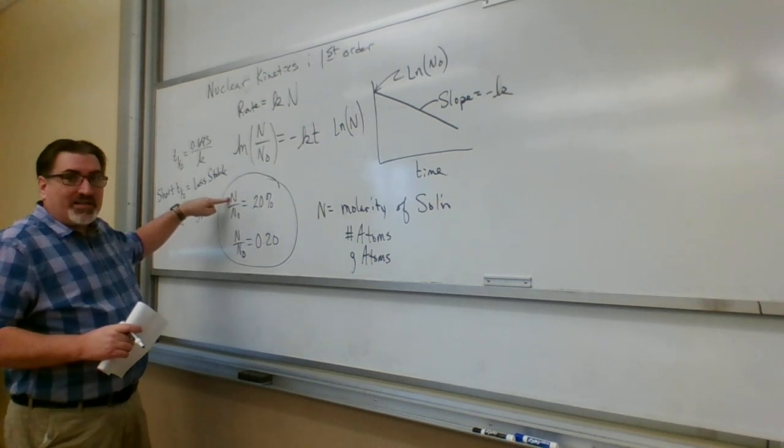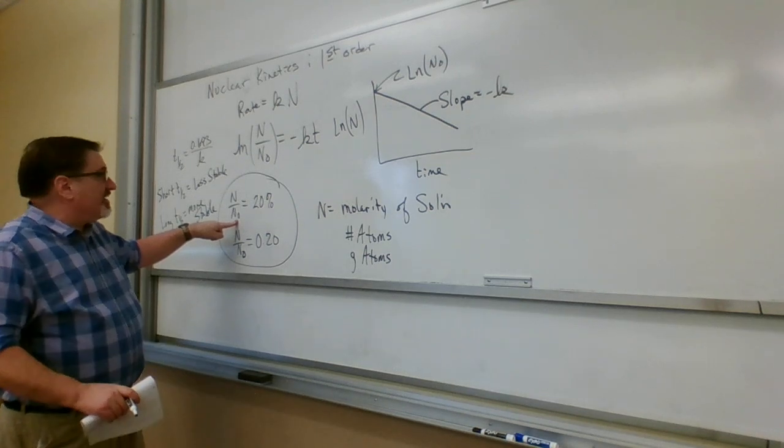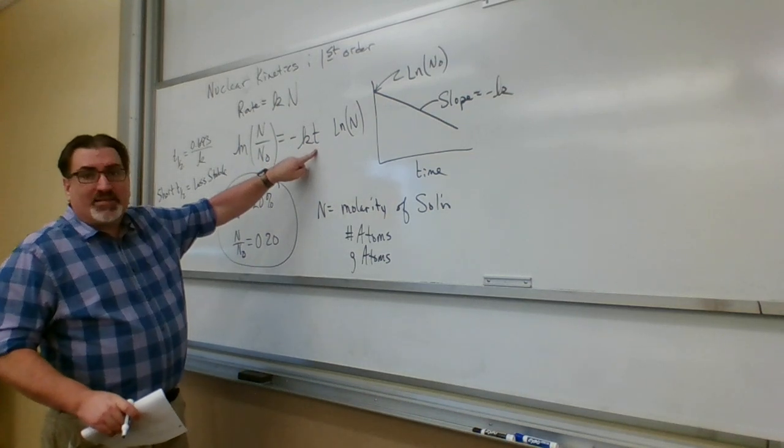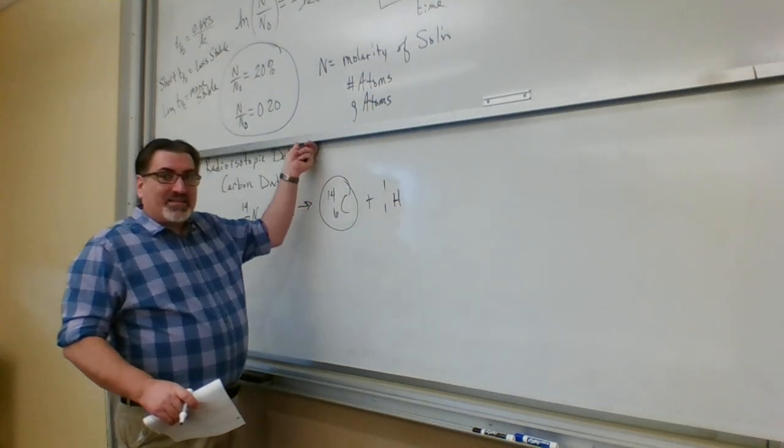We're going to calculate what it is now, and we know what N0 is because we know what living material has, so we're using that to calculate time. How long has it been since that animal or plant breathed its last?